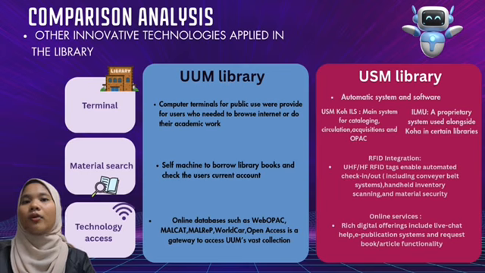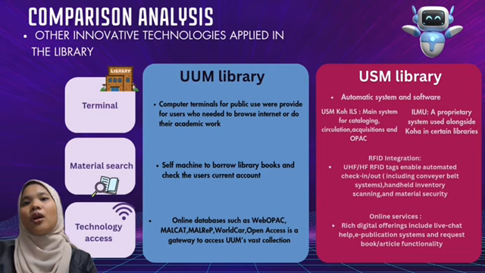And for USM Library, they use automation system and software which is divided into two systems. First is USM Core IIS. It's the main system for cataloging, circulations, acquisitions and OPAC. Second, we move to Elmo. That is a proprietary system used alongside Koha in certain libraries.